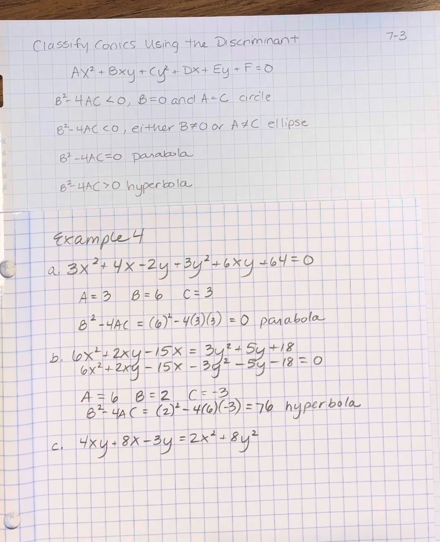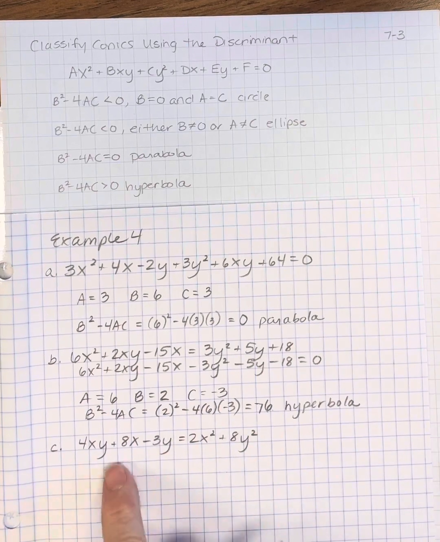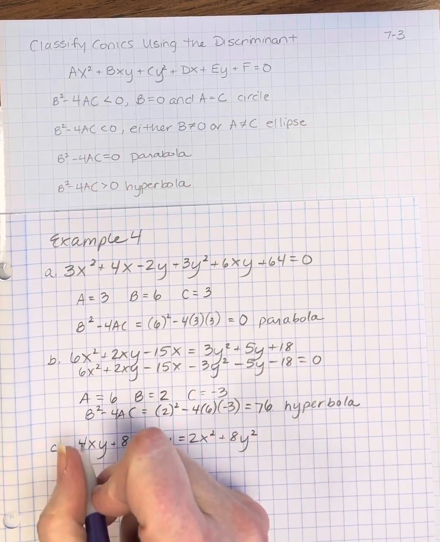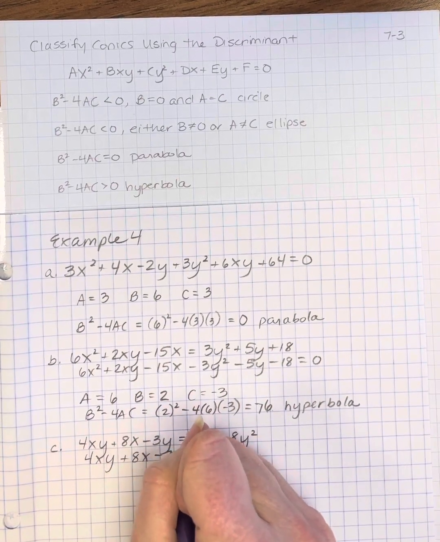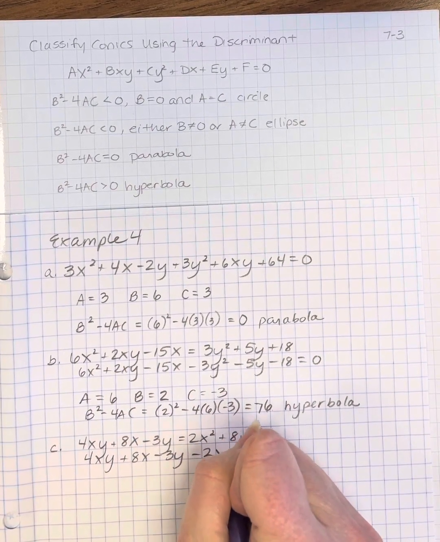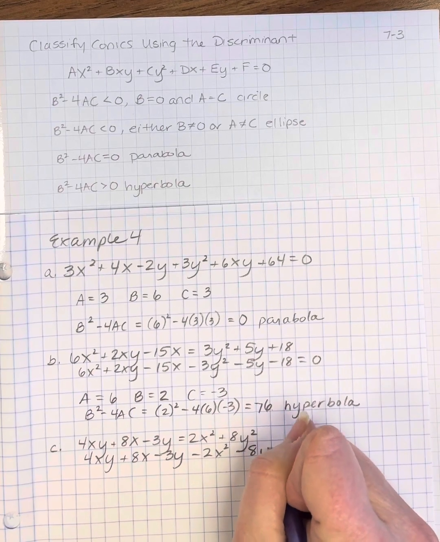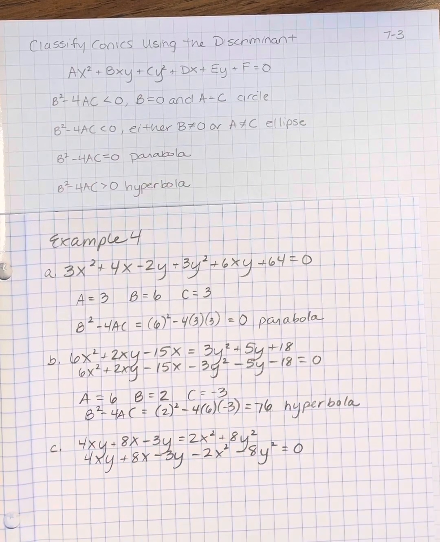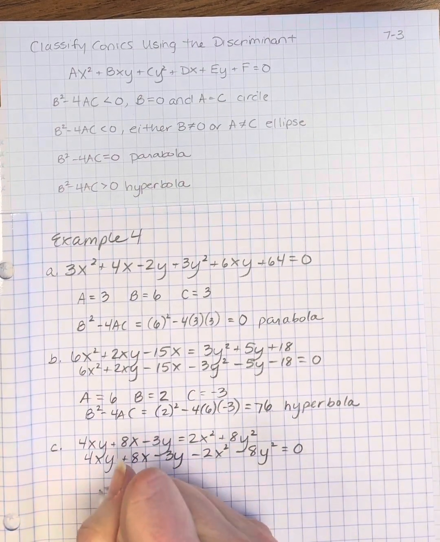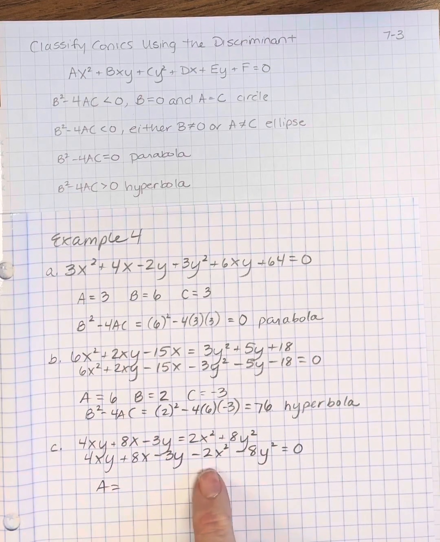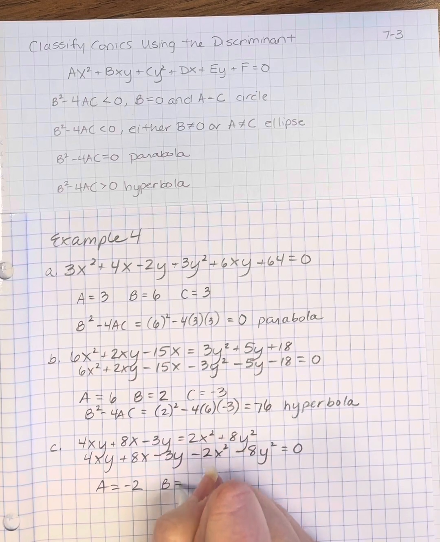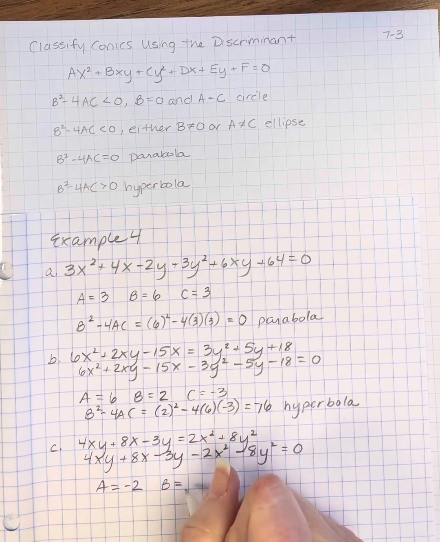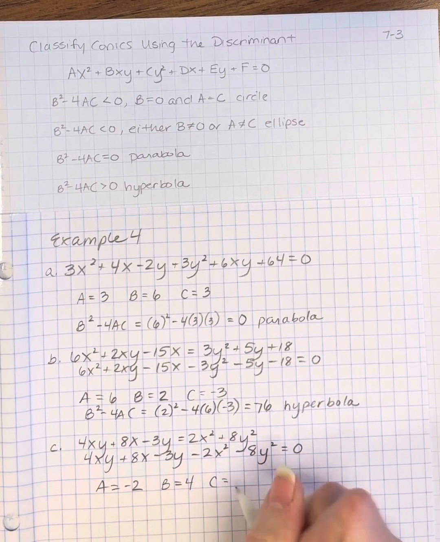All right, one more, not in standard form. I'm going to bring this stuff over here. So I have 4xy plus 8x minus 3y minus 2x squared minus 8y squared equals 0. So a is in front of my x squared, a is -2. B is in front of my xy, b is 4.